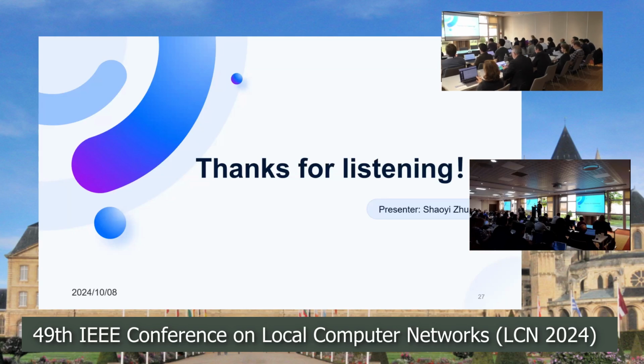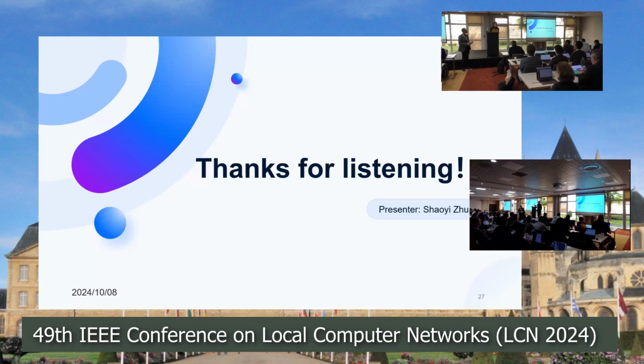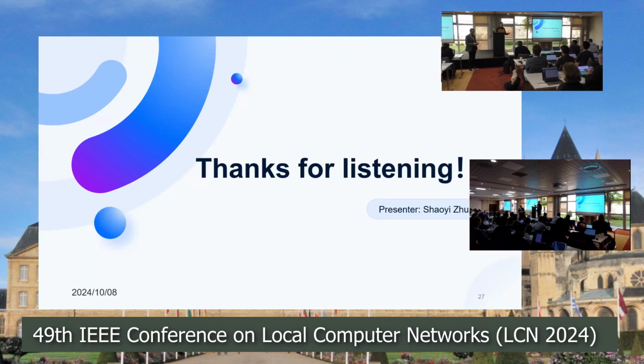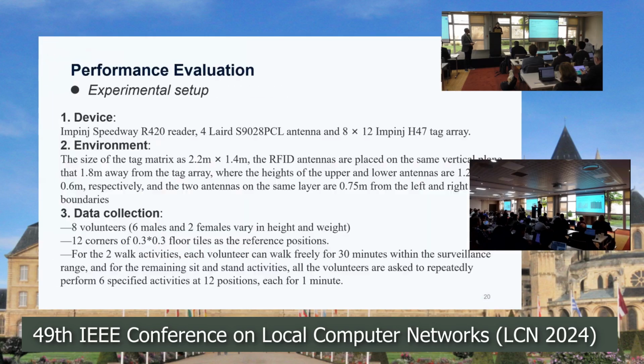Oh, okay. In the data collection, we recruited 8 volunteers, and let me go back to the slide, because we have walk activities and sit activities and stand activities. So for the 2 walk activities, the volunteers can walk freely for 30 minutes in the range.